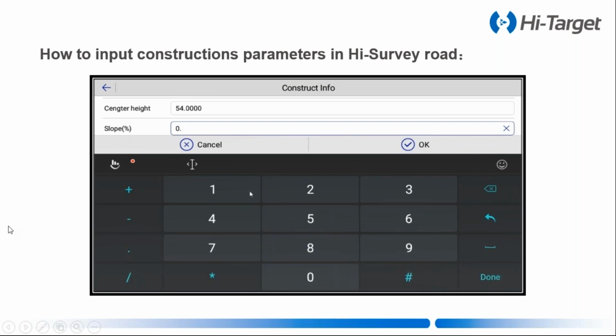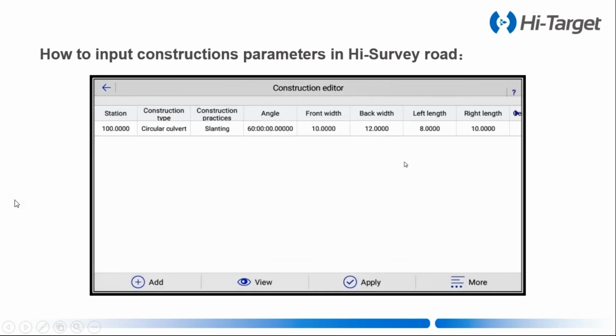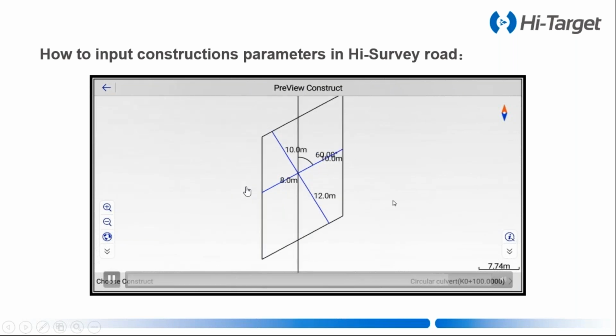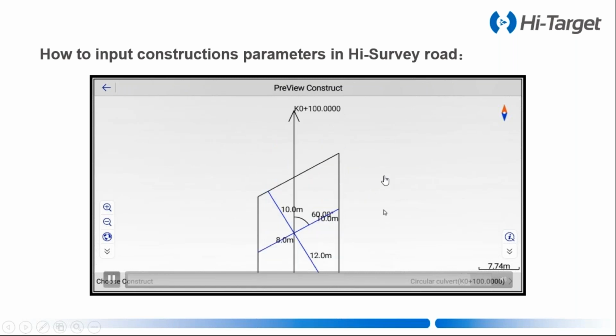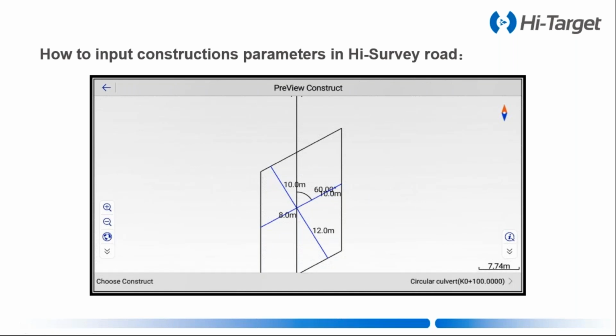After I input all these parameters, I click OK. Then we can check the preview. Here we click the view, and we can also click the details. Then you can see all the parameters about this construction here. Okay, that's all about the construction design.